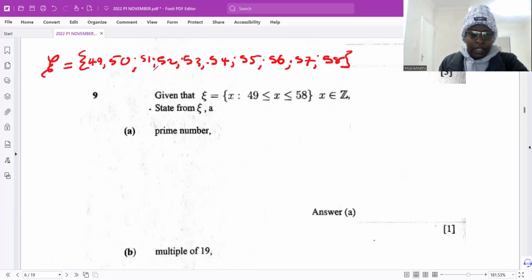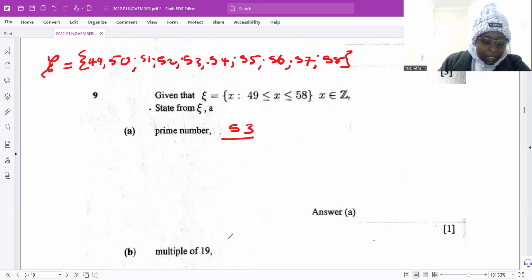Now the first question is saying, state from that set A, the prime number. A prime number is a number that can be divided only by 1 and itself. So the only number that can only be divided by 1 and itself is 53 here. Then B is saying multiple of 19.